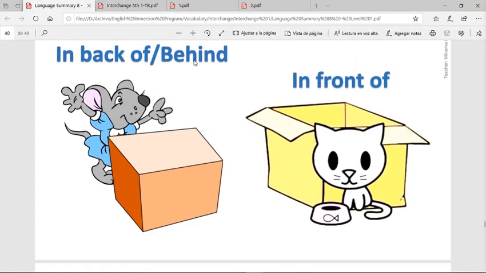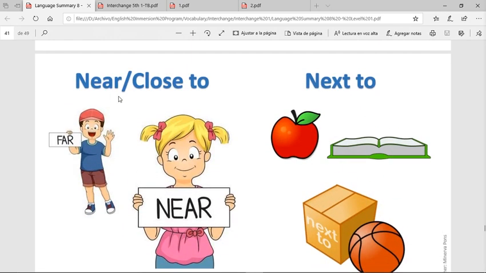In back of or behind. It's behind. In front of, it's the opposite. In back is behind. In front of, here you can see it first, then the box. And here you can see the box first, then the mouse. Near or close to, and far. Okay, near is when it's really close to you.